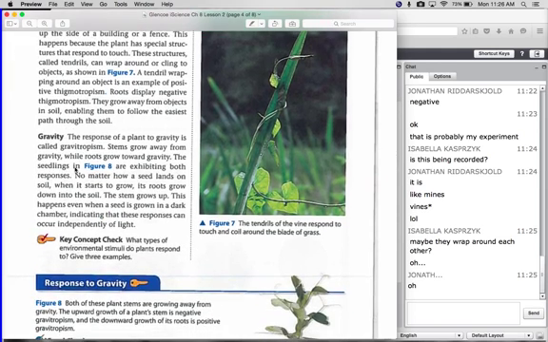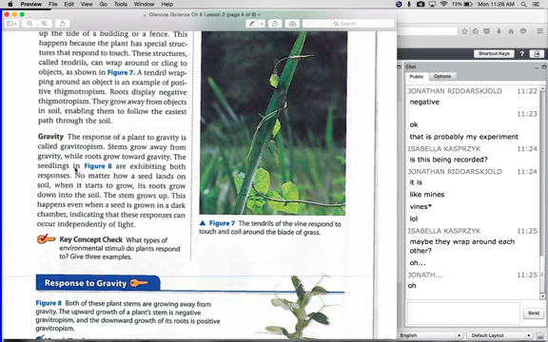Another tropism is gravitropism, and it's the response to gravity. If you put a seed in the ground, for most seeds, it doesn't matter whether you plant it upside down, right side up, or sideways.